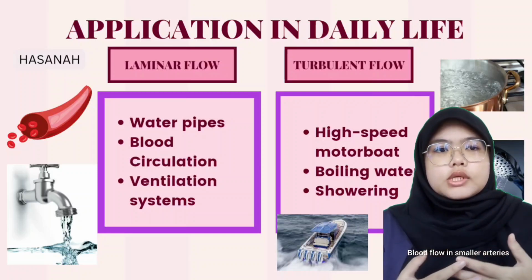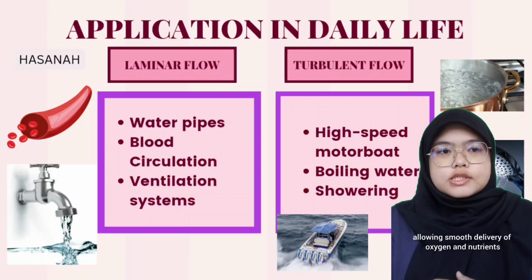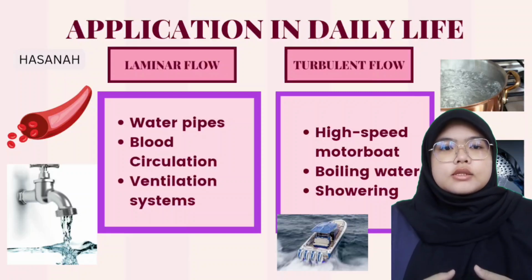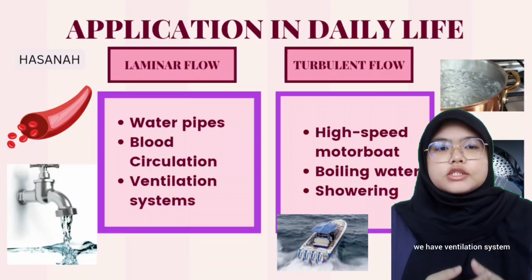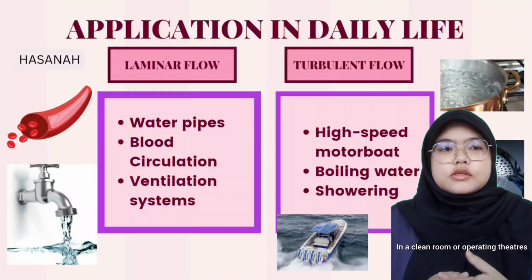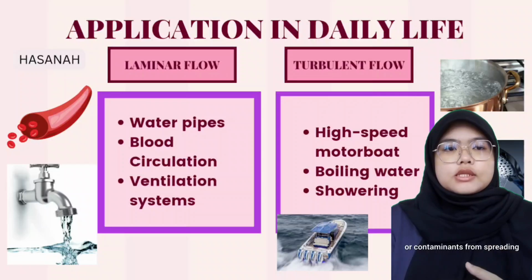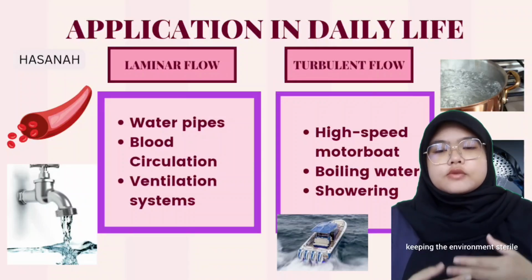Blood flow in smaller arteries and veins is mostly laminar, allowing smooth delivery of oxygen and nutrients. Last but not least, we have ventilation systems. In clean rooms or operating theaters, air moves in laminar flow to prevent dust or contaminants from spreading, keeping the environment sterile.